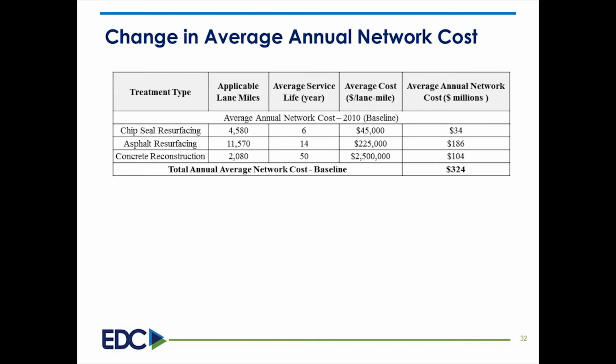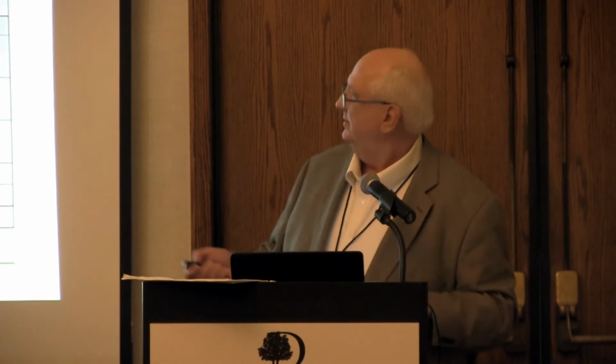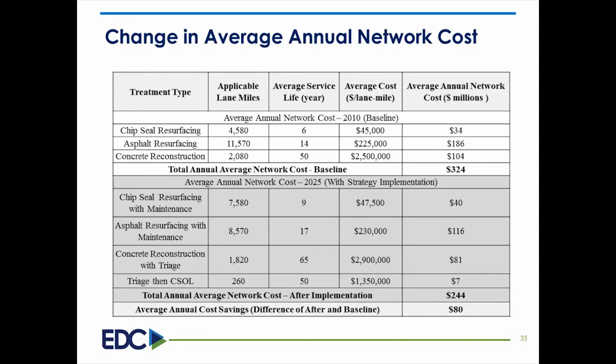So this would be our overall expectation of annual cost given where we were in 2010. Then by looking at the implementation of these different strategies, we can calculate the same total cost. So we've got more chip seal miles, but with a longer life given the extension of the maintenance treatments. We've got fewer asphalt miles, but also with a longer life.